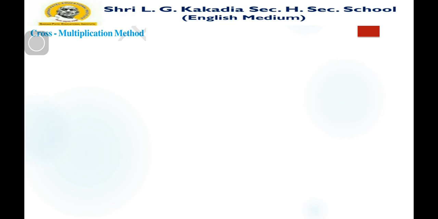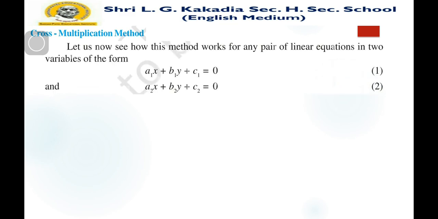First, we know that there are two linear equations given, so we have to write the given two linear equations in standard form. Let us see how this method works for any pair of linear equations in two variables of the form a1x plus b1y plus c1 is equal to 0.